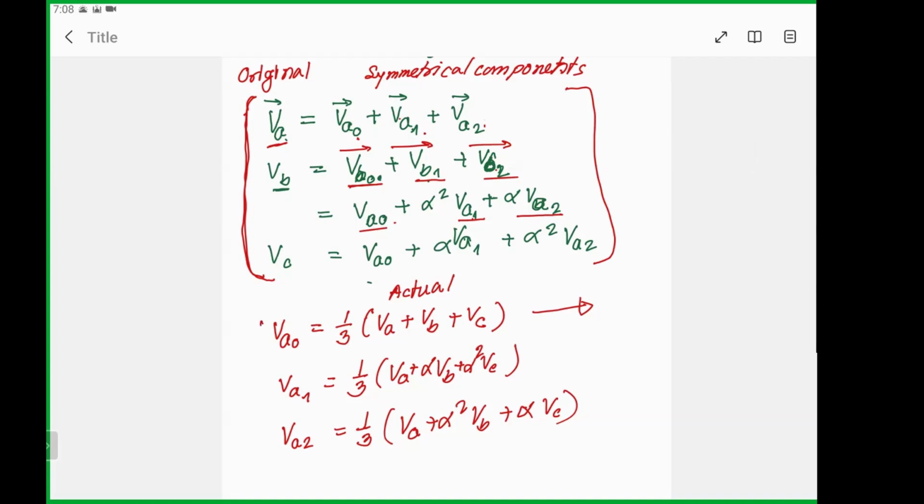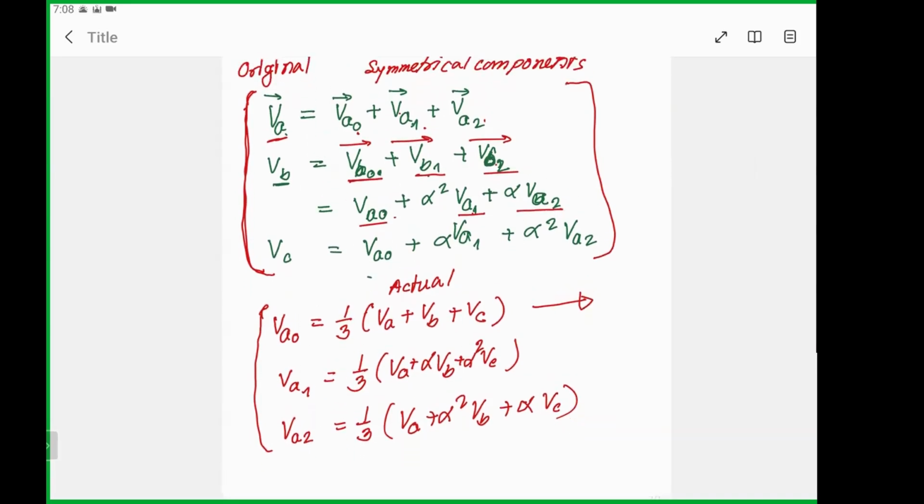Now, in the bottom here, this is done the other way. Each of the symmetrical components is calculated from any unbalanced system voltages. The left-hand side are the symmetrical components, and the right-hand side are the respective phase voltages.